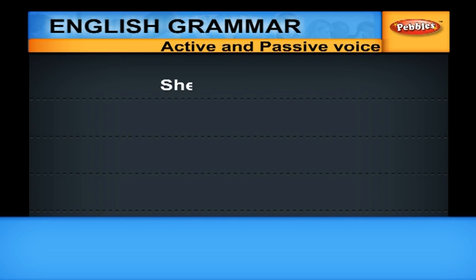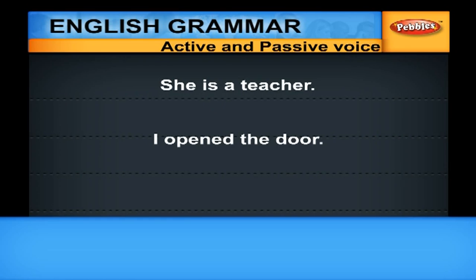Here is another example for intransitive verb. She is a teacher. A teacher is a nominal phrase. It comes after the verb, but it is not an object because is is not a dynamic verb. It is a static verb. I opened the door.